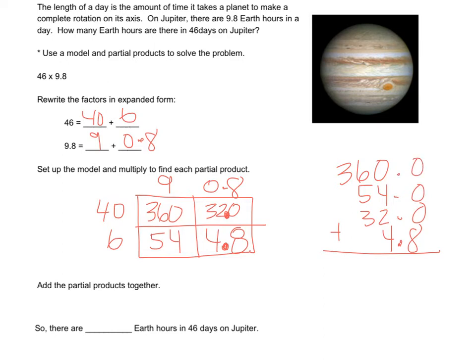And then just add like normal. So that's 8/10. There's my decimal. That is 10. That is 15. And then 450 and 8/10. So answering the question, there are 450 and 8/10 Earth hours in 46 days on Jupiter.